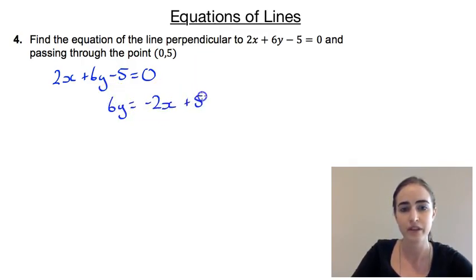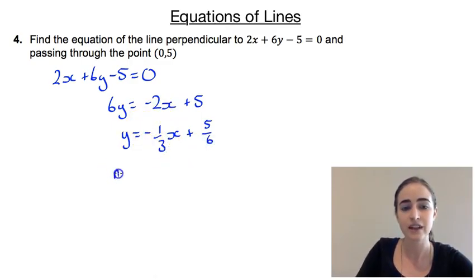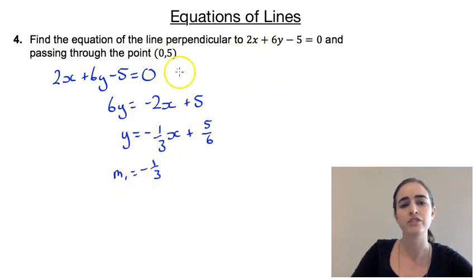Then we can go through and divide everything by 6. So 2 divided by 6 would give us 1/3. So minus 1/3 x plus 5 over 6. So that means that the gradient of this line that we were given is minus 1/3. But we don't want the gradient of that line, we want the gradient of a line that's perpendicular to this.